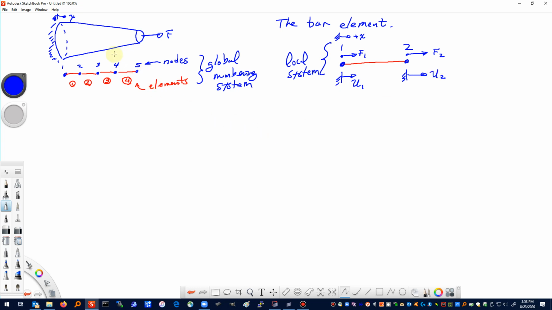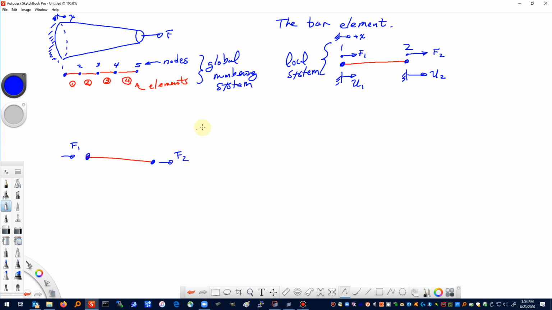Alright, so we'll get back to this picture in a little bit, but let's focus on our local little bar element right here. So we have this bar element, and we have the force F1 over here, and the force F2 over here.